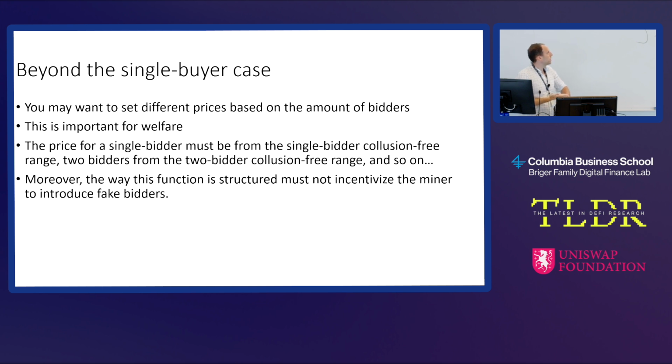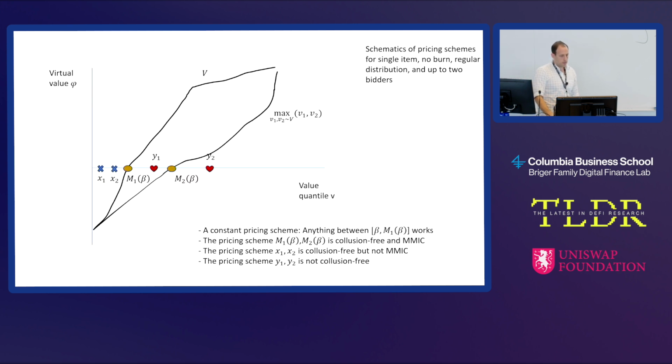But the problem with this is that the welfare might be bad, because this is a price that is set for the uncongested case for a single buyer of a single item. But if we have a congested case and many bidders for this item, we might want to increase the price. So ideally, we could have a pricing scheme that, depending on the number of people that show up to the auction, decides the price.